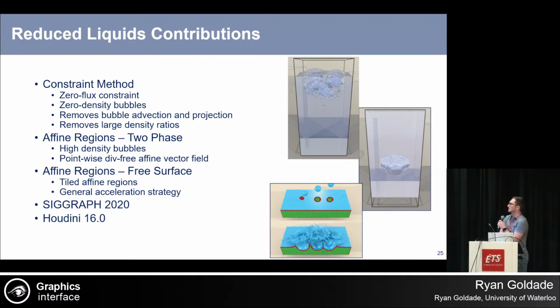So we found this doesn't work for our higher densities. So we developed this affine region method where we model the interior of the bubble with an affine vector field. And then we can actually use this as a general strategy to speed up even free surface simulations. And so we presented this at SIGGRAPH in 2020, and it made it into Houdini 16. So I think, if I recall, only the constraint approach made it into Houdini, but it made it there.